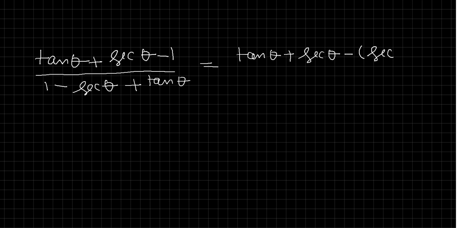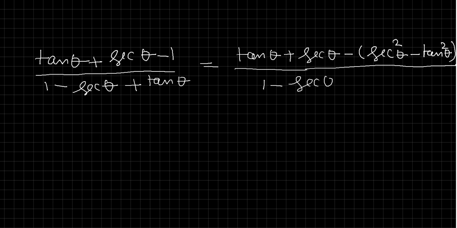So instead of 1 we can write secant square theta minus tan square theta, divided by, keeping the denominator as it is, 1 minus secant theta plus tan theta.